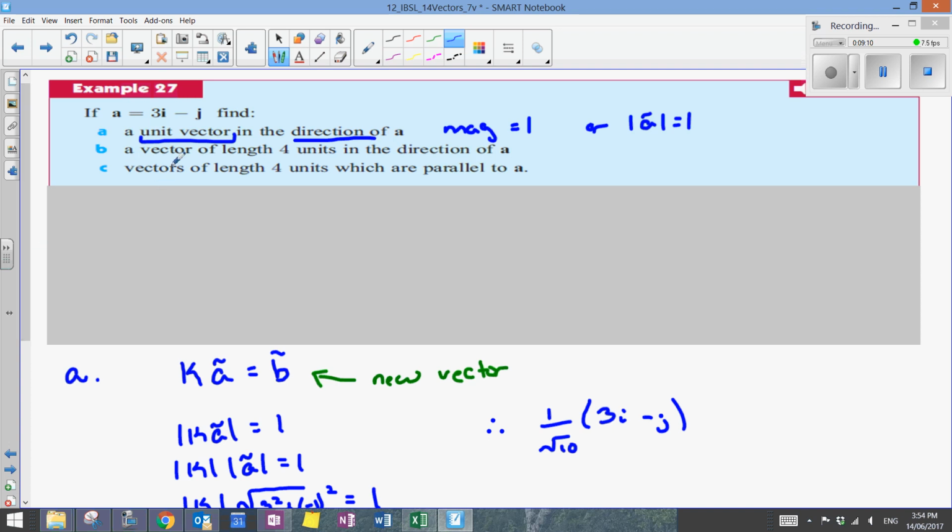For part B, it says a vector of length 4 units in the direction of A. Well, since we just found a unit vector, this new vector that we just created is exactly 1 unit long. So if I want it to be 4 units long and in the same direction as A, then I'm really taking this exact same vector, but now making it 4 units long instead of 1 unit long.